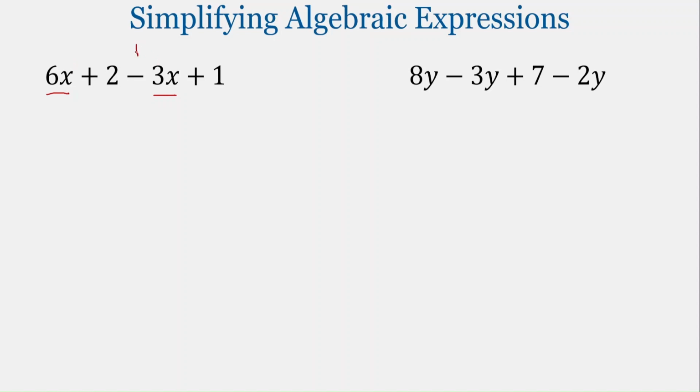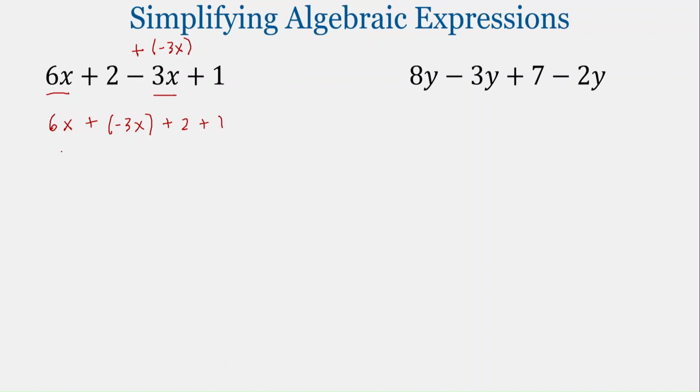We could rewrite this as plus a negative 3x. This will allow us to use those properties of addition to reorder the expression. So we will have 6x plus negative 3x plus 2 plus 1.